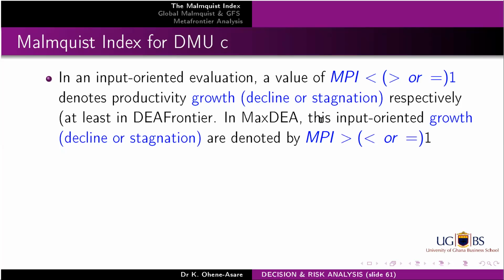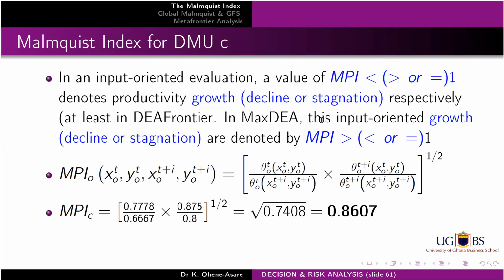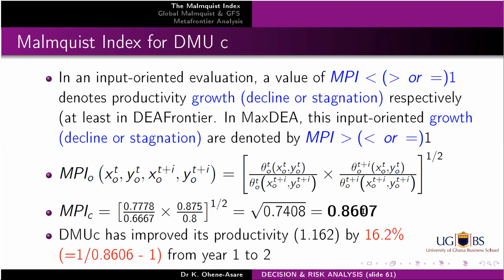This was a formula that we had for the Malmquist. This was for FMC. And looking at the value, if you take the reciprocal, you will get 1.162, which shows this is how we defined it.